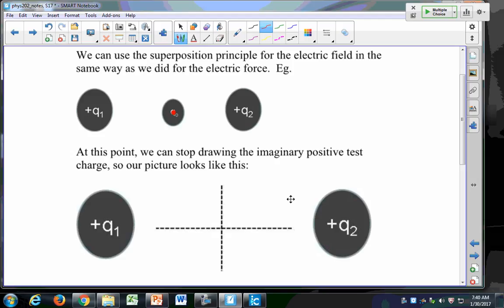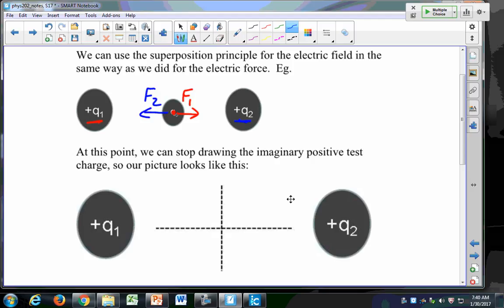This charge feels a force, feels two forces in fact. Due to Q1, it feels a force in this direction, I'll call that F1. And due to Q2, it feels a force in that direction. I'll call that F2. And so remember, electric fields and forces are in the same direction. In fact, they're related to one another.